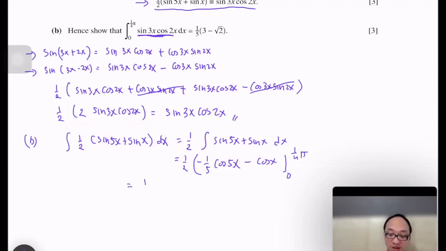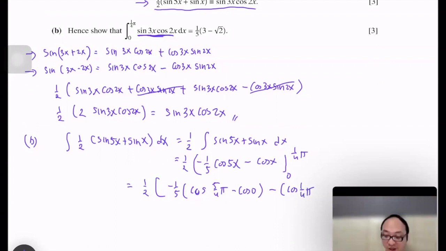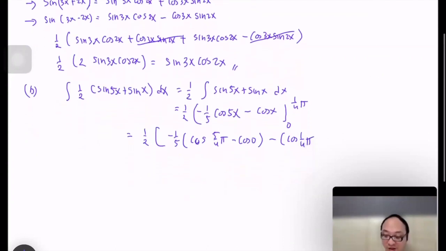Okay, so 1 over 2. Okay, I put the bracket here. Okay, I put here negative 1 over 5 cos 5 over 4 pi minus cos 0, minus cos 1 over 4 pi minus cos 0.